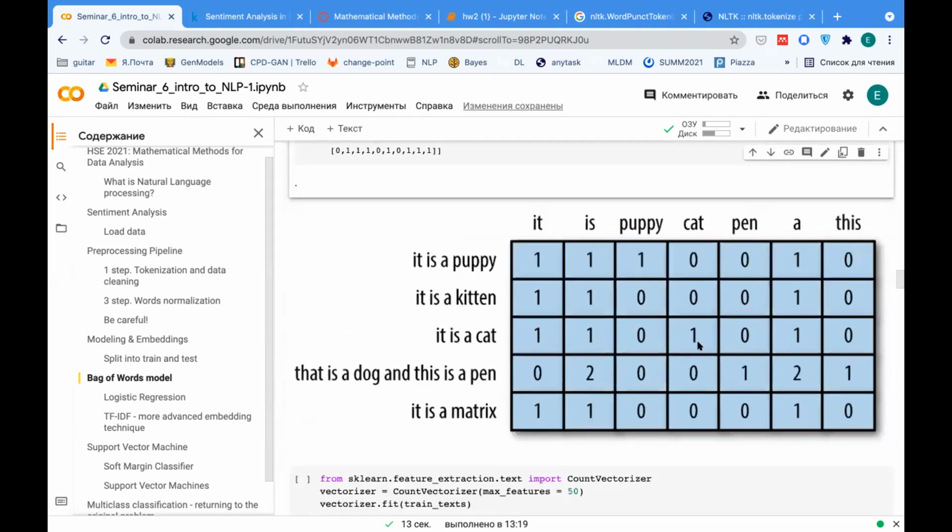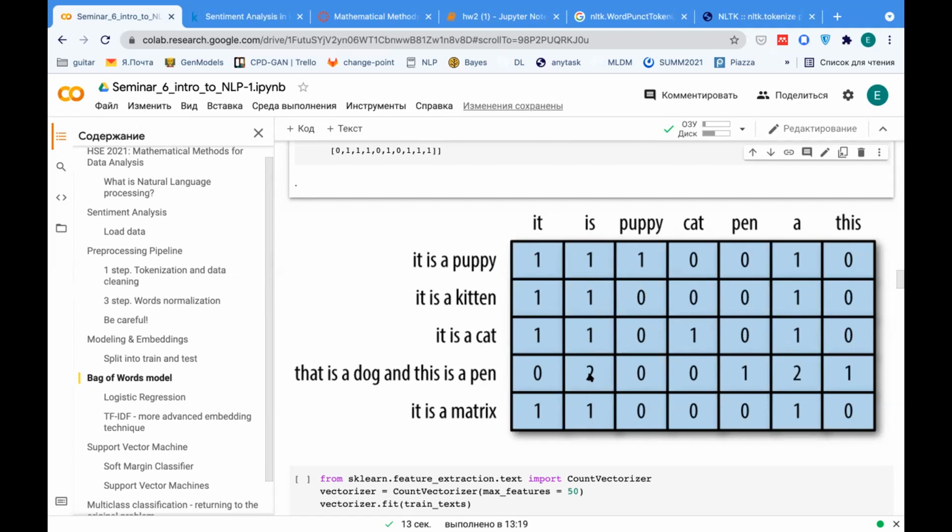We can have another example. For example, if we have 5 sentences like this, and if we take all the words, we can have this encoding. So, for example, the word cat is only in one sentence, so 1 will be only here. On the other hand, the word is is in all texts, and in some places it also repeats.